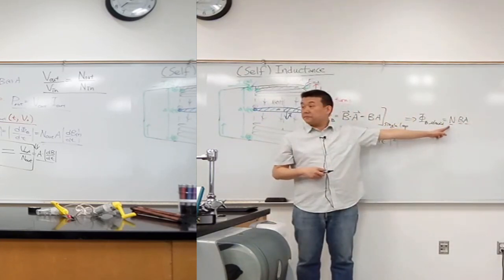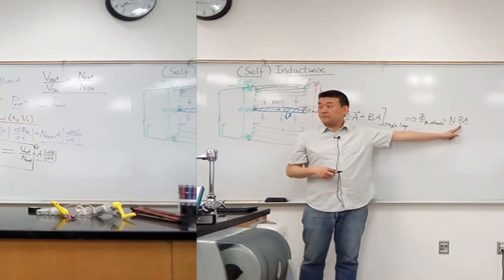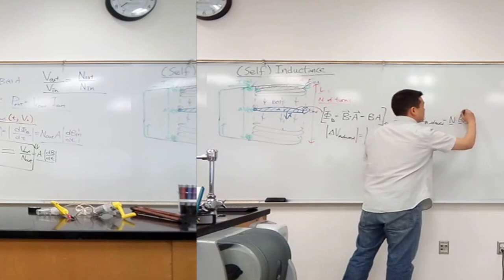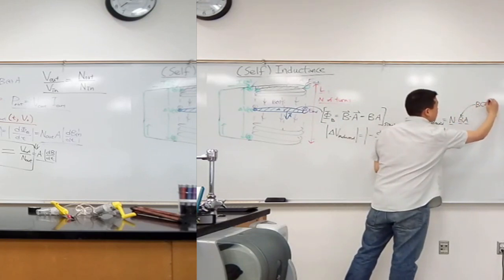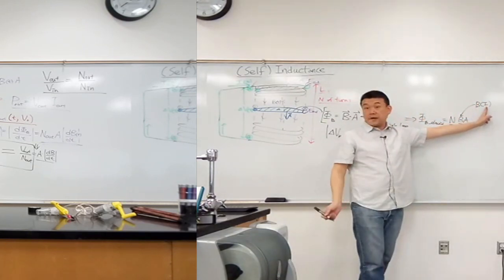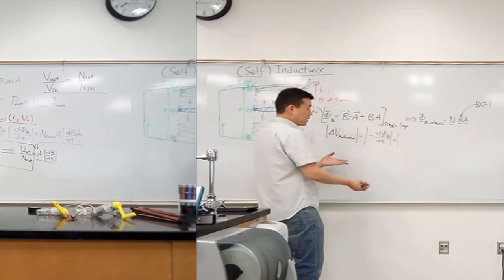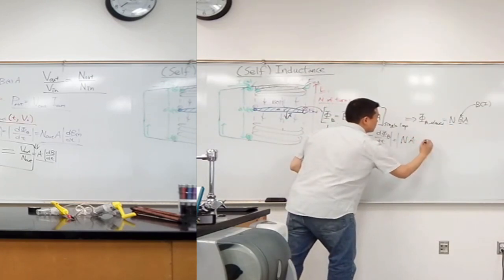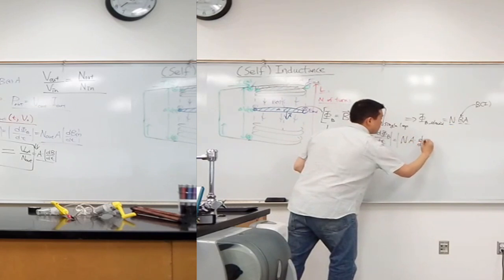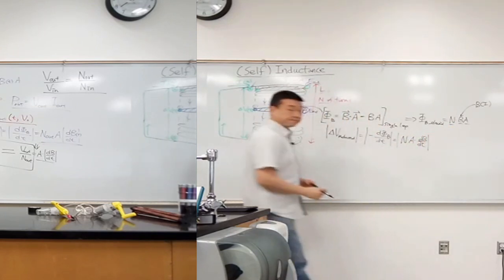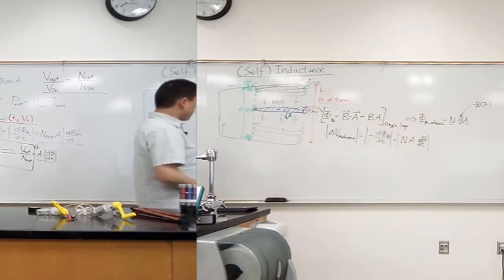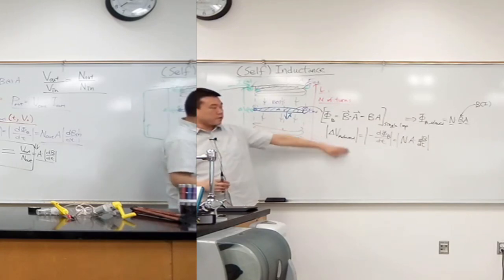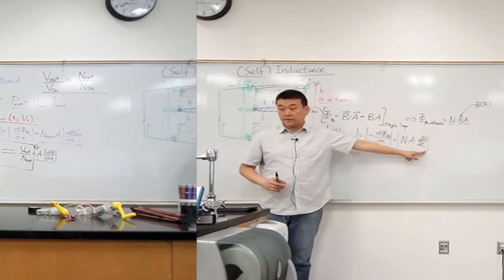Does N depend on time? Does B depend on time? B must depend on time because B is a function of current, and current depends on time. So it becomes N times A times the time derivative of the magnetic field. So you have a relationship between induced voltage and the rate of change of magnetic field.